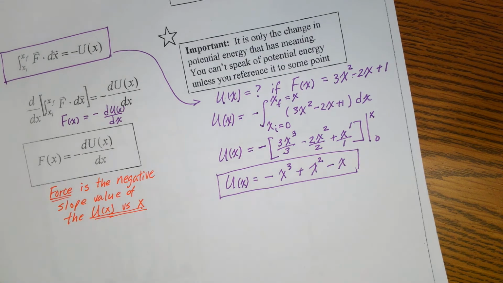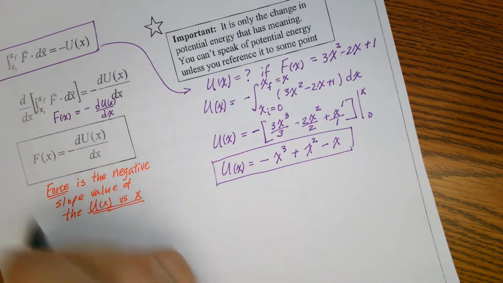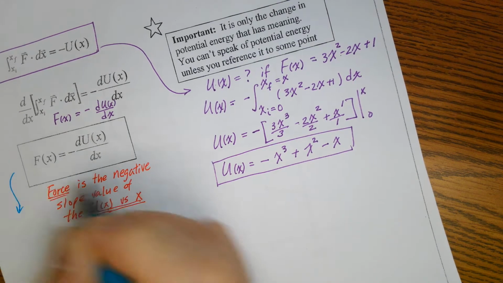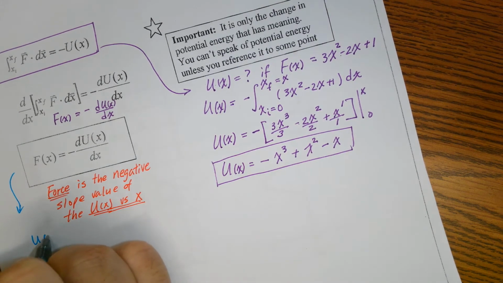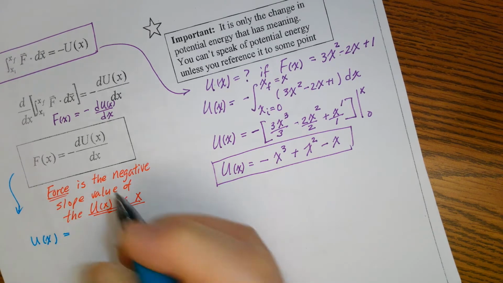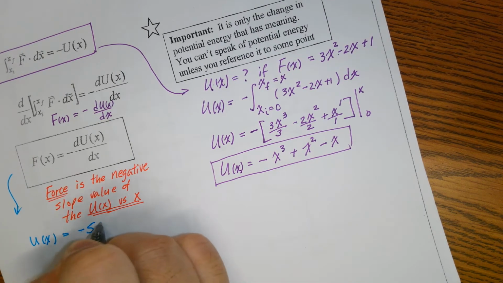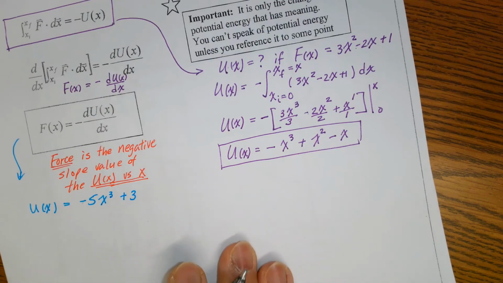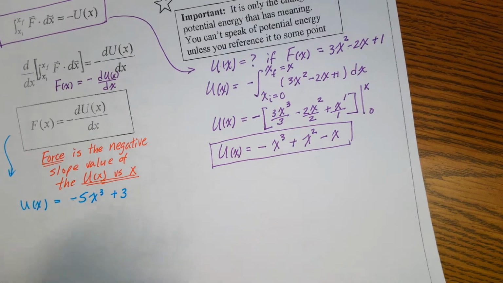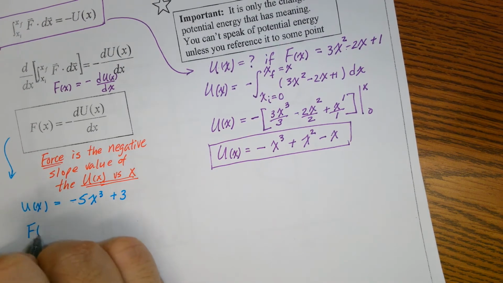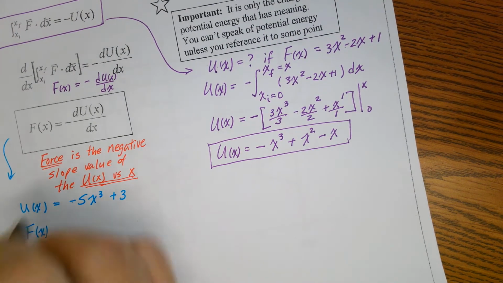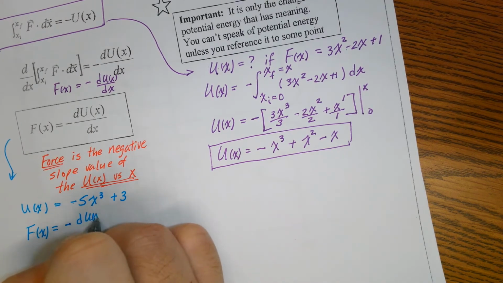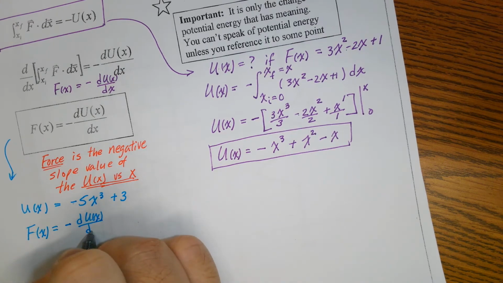Now let's go backwards. What if u of x is equal to, let's say, negative 5x cubed plus 3. To find f of x, f of x is equal to negative du of x over dx.